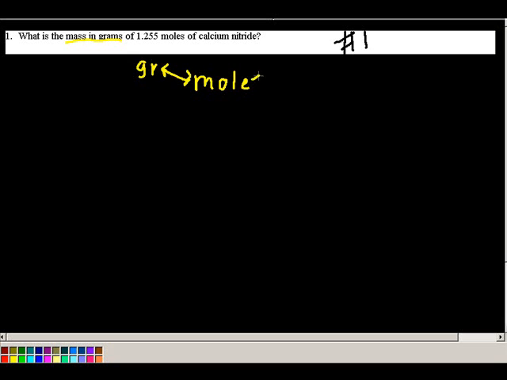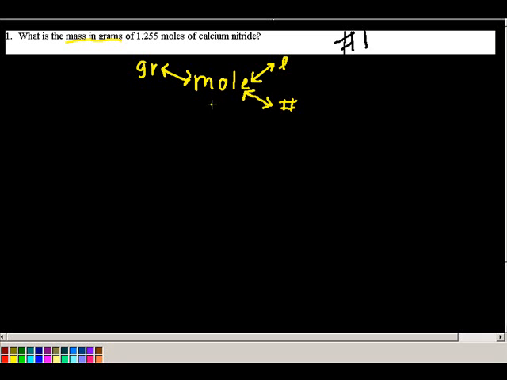If you have moles, you can calculate liters, and if you have liters, you can calculate moles. And if you have a certain number of particles given to you, you can go to moles, and from moles you can get a certain number of particles.